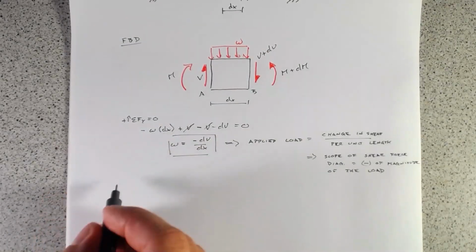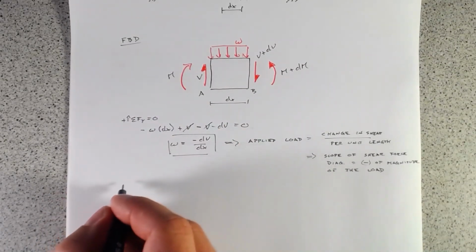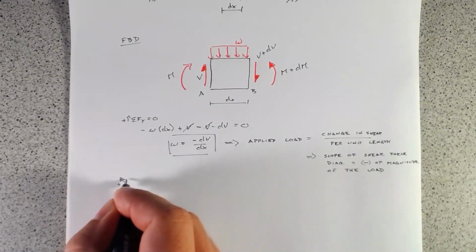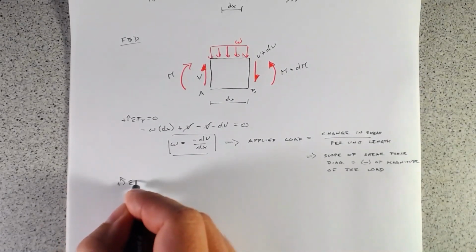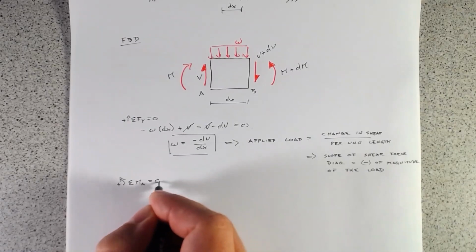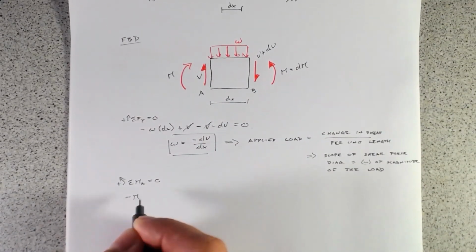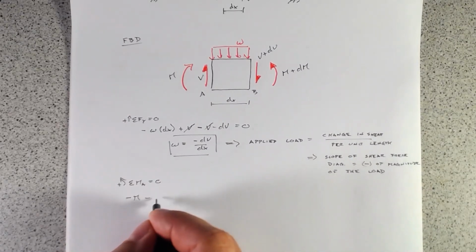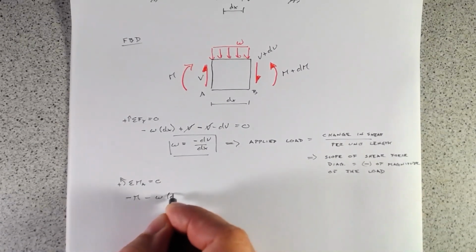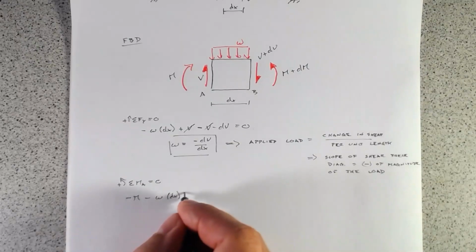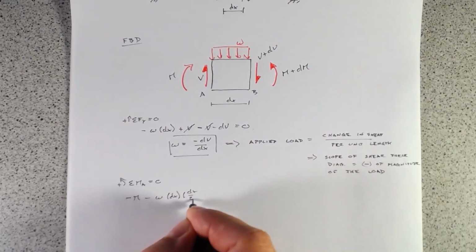So let's have a look at the moments here. If we go sum of the moments at A equals 0, we've got negative M minus W times dx times dx over 2.